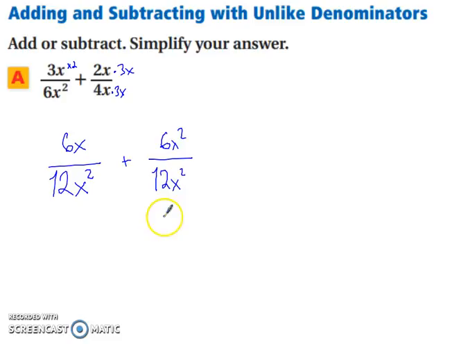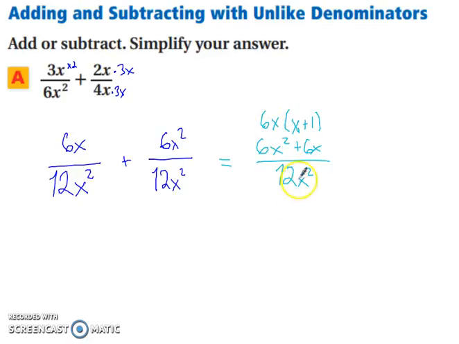So now we simplify. We've got ourselves a (6x² + 6x) over 12x². And we want to factor so that we can simplify this into its simplest form. So we can factor out a 6x, and that leaves us with x + 1.